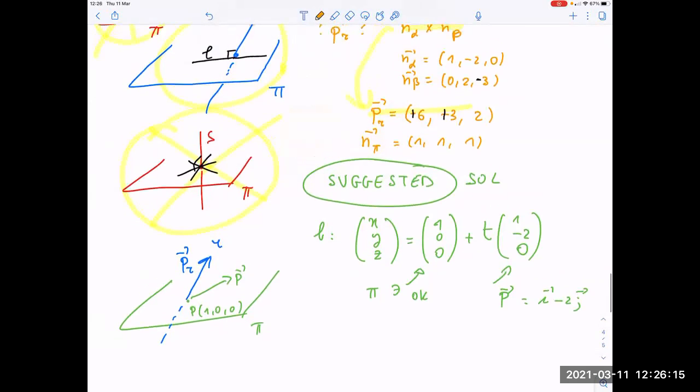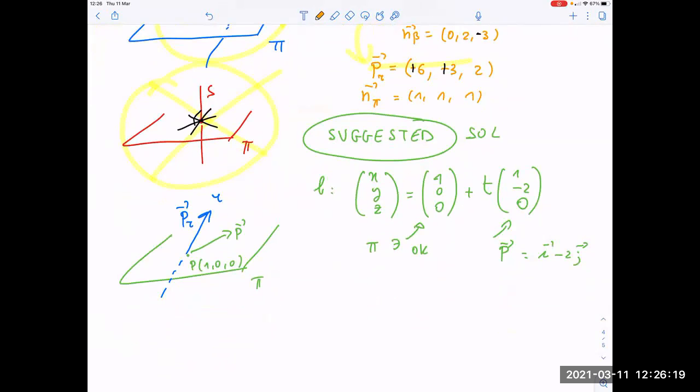That's the line R we are given. So what I need to do is, what is the dot product PR dot P? And I hope you see that what you get is 6 minus 2 times 3, so you get 0. So this means that PR is orthogonal to P. So the suggested solution is actually okay.